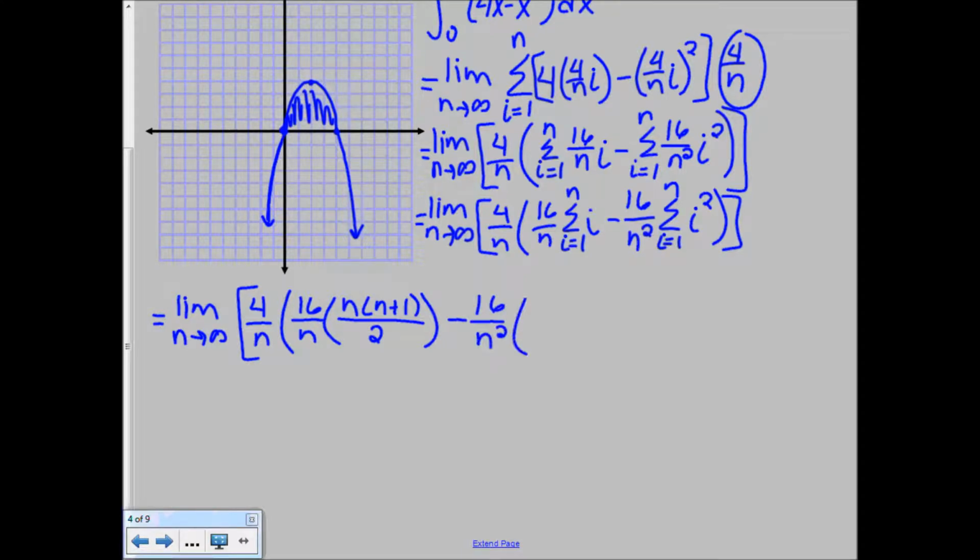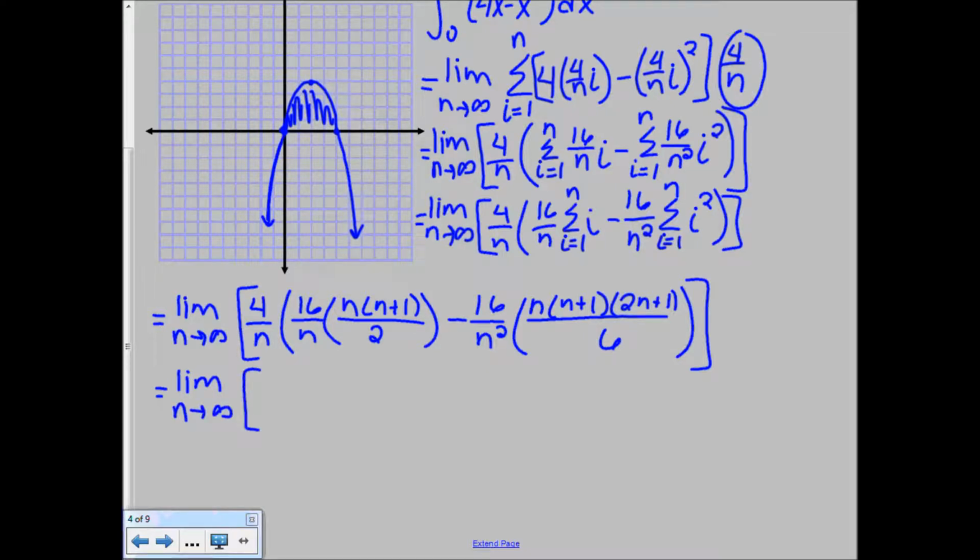And then the formula for the sum of i squared is n times n plus 1 times 2n plus 1 all over 6, I believe. And now we're just going to simplify on the inside and take our limit. So this is why we really want to have those summation formulas memorized, because it makes solving these types of problems a lot easier. So we're going to have 4 over n.